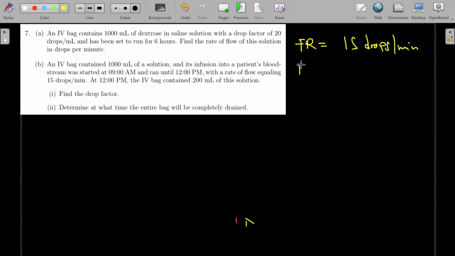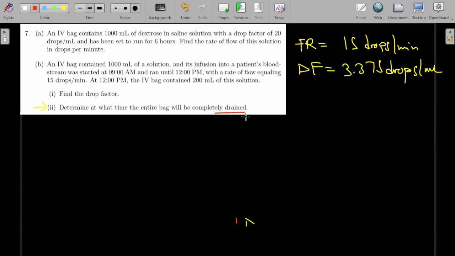And the drop factor, we calculated as 3.375 drops per milliliter.